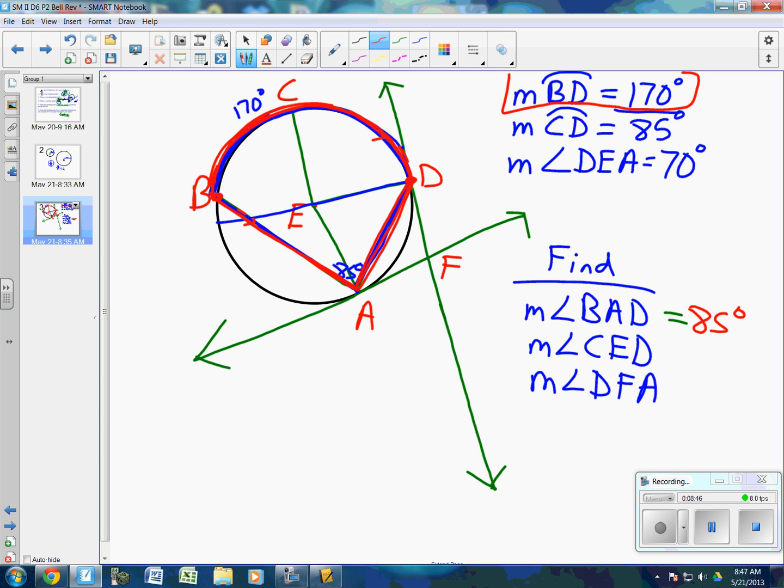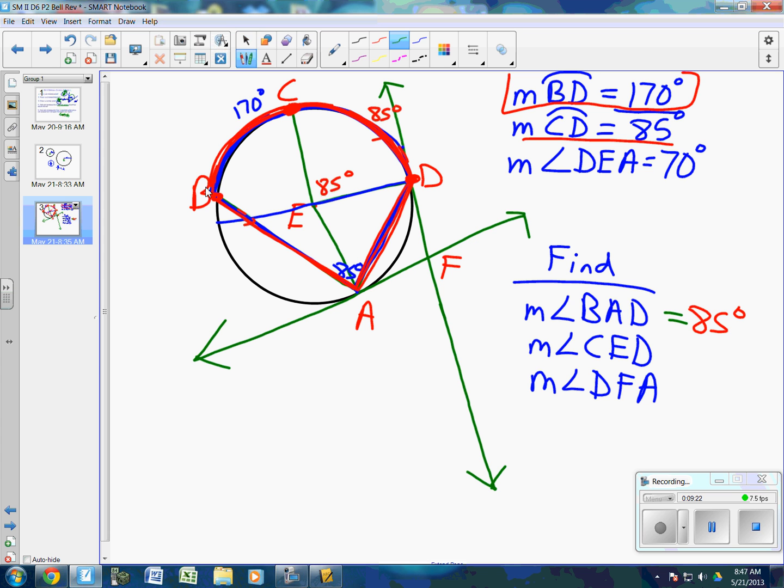Okay, all right, measure of angle CED. Raise your hand if you know the measure of angle CED. Okay, what is it, everybody? It is 85 degrees. Why is it 85 degrees? Because it's a central angle, and arc CD, which is from here to here, I told you is 85.